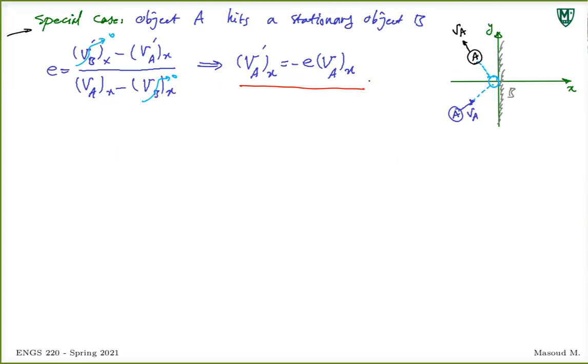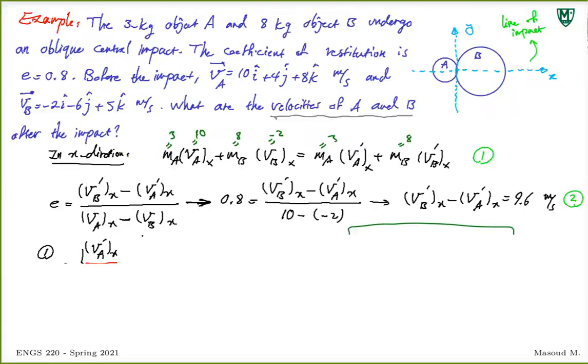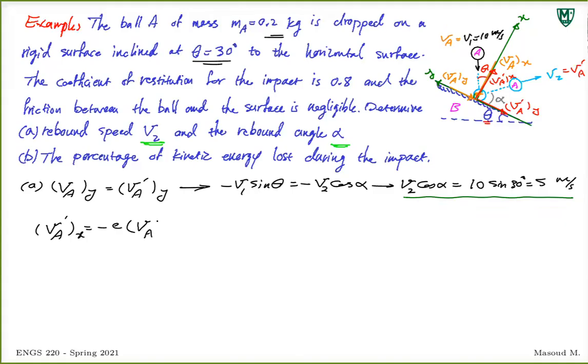Knowing that, I can also get another equation for VA prime X. From there, VA prime X is equal to minus e VAX.